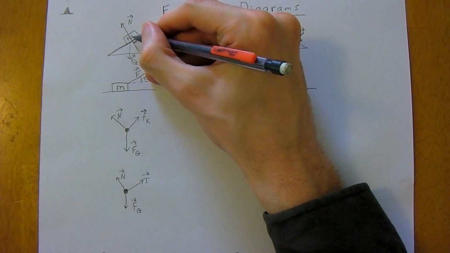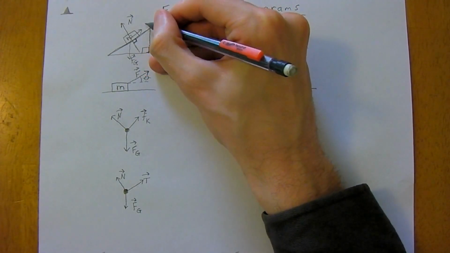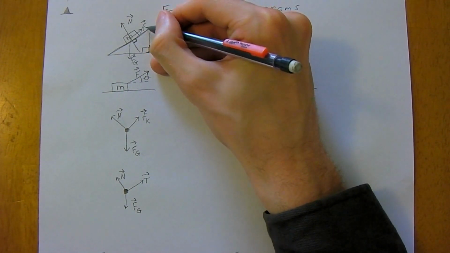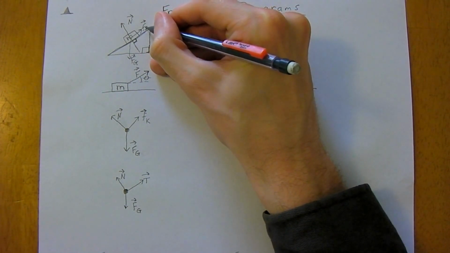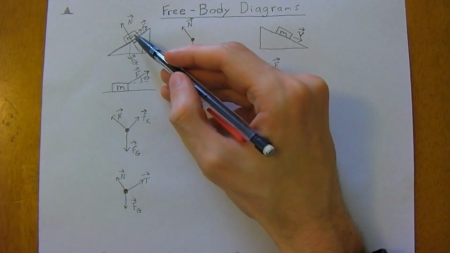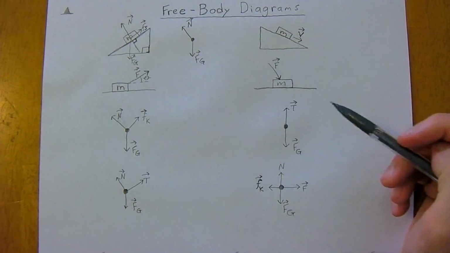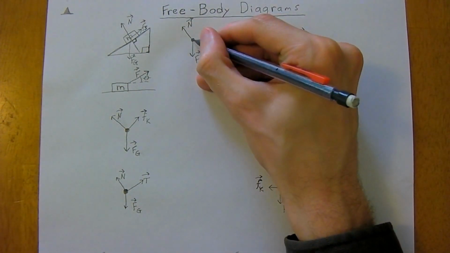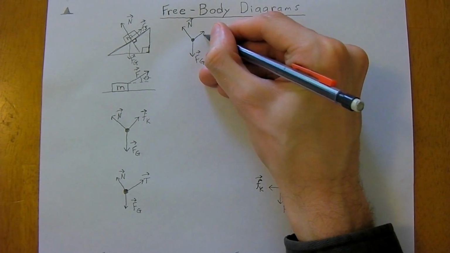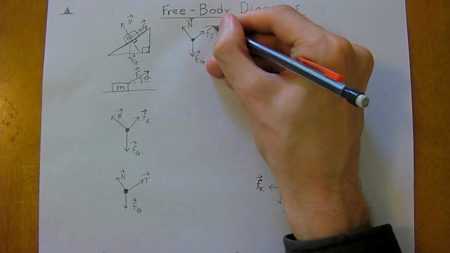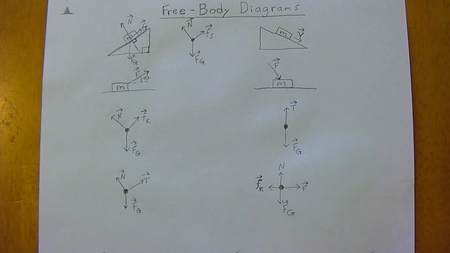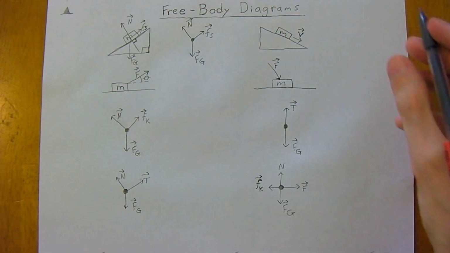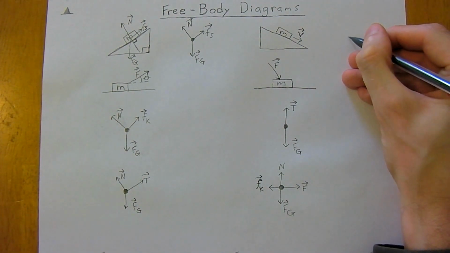We have the force of static friction, S for static friction, which is preventing this block from sliding downwards. And there's two kinds of friction. This is an important thing to distinguish.